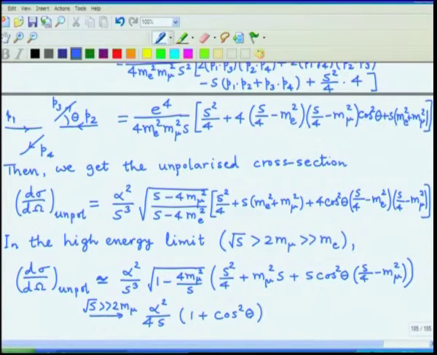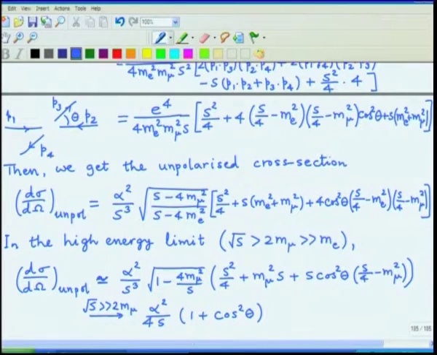Okay, so this is a simplified form, and it shows a very simple angular dependence, 1 plus cosine squared theta, and the overall magnitude is just 1 over the total center of mass energy multiplied by the fine structure constant squared.